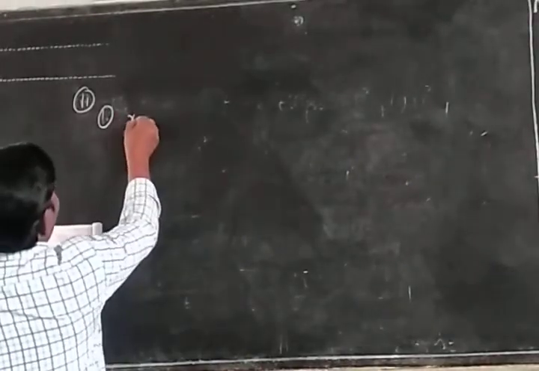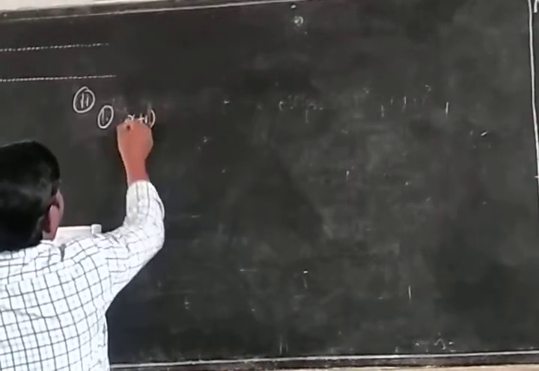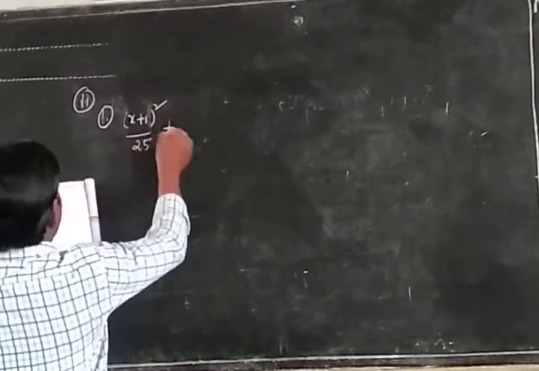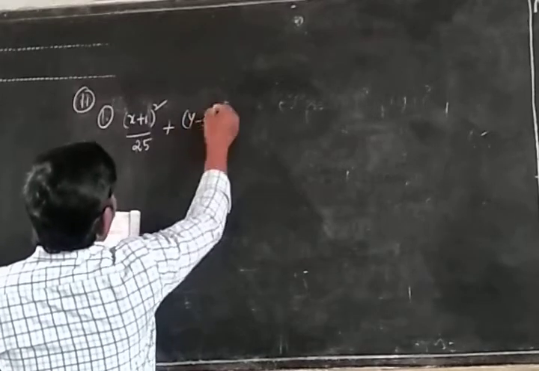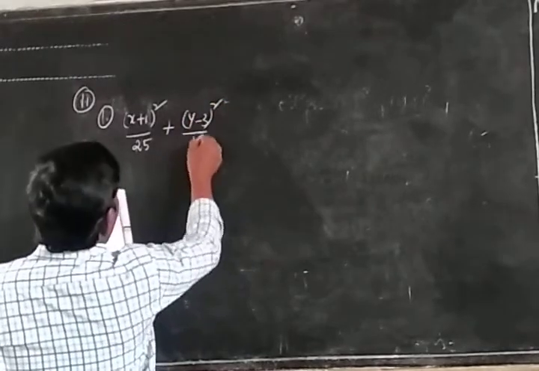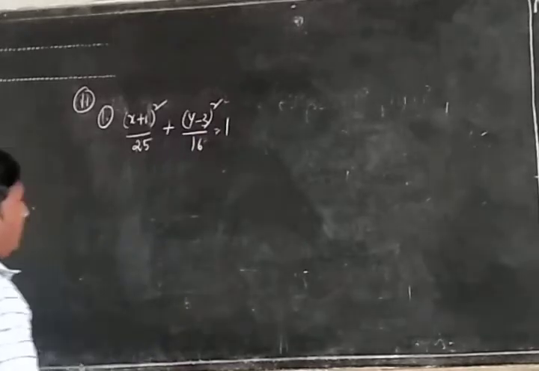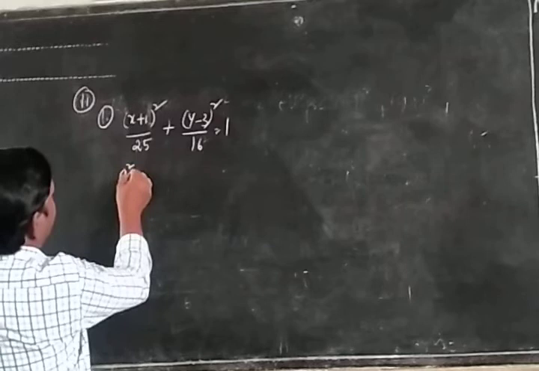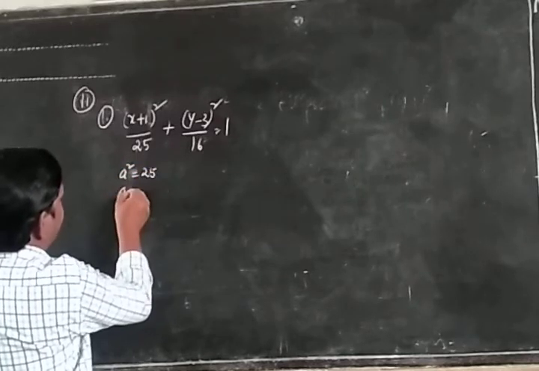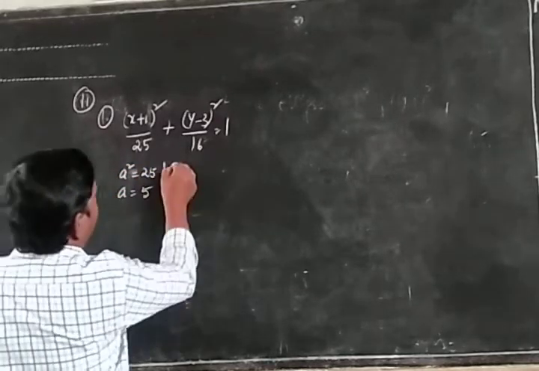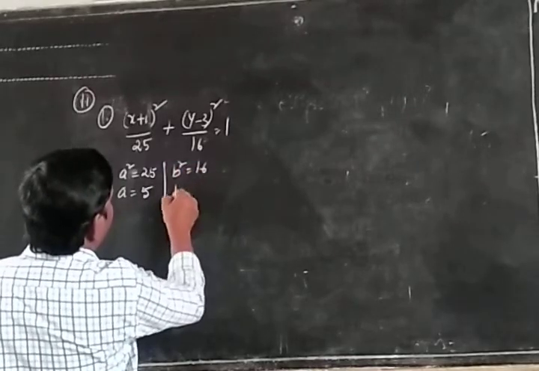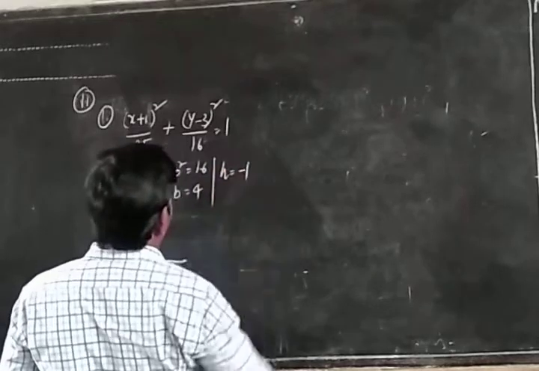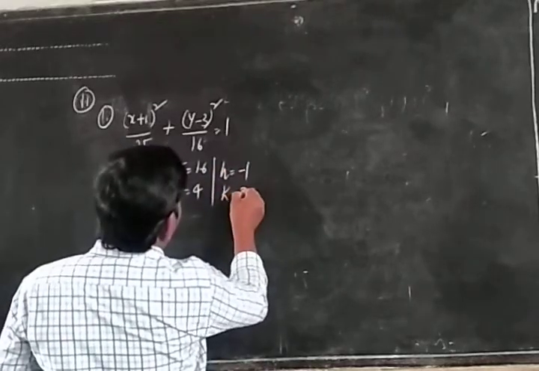So (x plus 1) whole square by 25 plus (y minus 3) whole square by 16 equal to 1. Simply write down a square equal to 25, that means a equal to 5, and b square equal to 16, b equal to 4, and h equal to minus 1, k equal to 3.